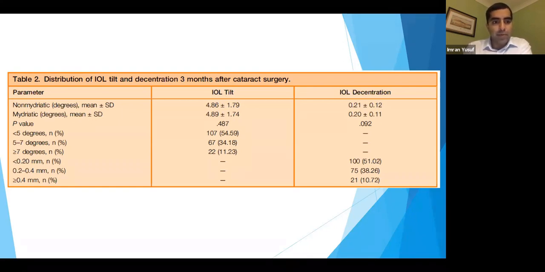There were 67 who had between 5 and 7 degrees, and 22 with more than 7 degrees. And in terms of IOL decentration, 100 patients had decentration of less than 0.2 millimeters. There were 75 who had decentration between 0.2 and 0.4, and 21 had decentration greater than 0.4 millimeters. That's, in a snapshot, what they found.